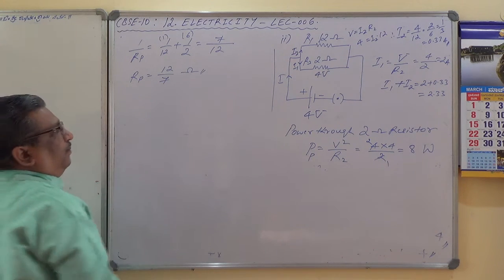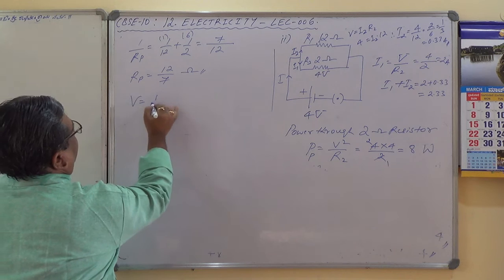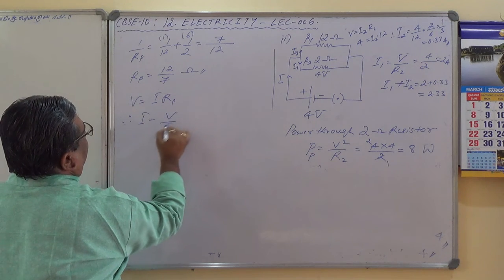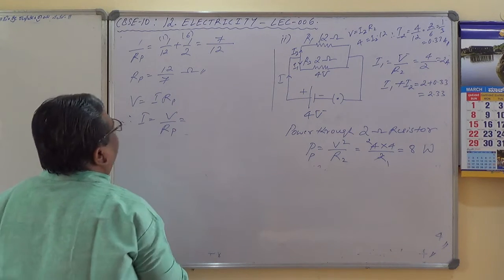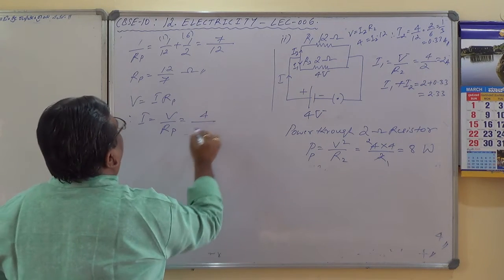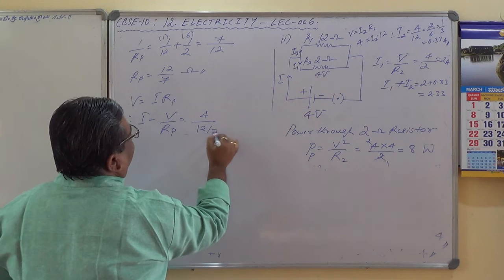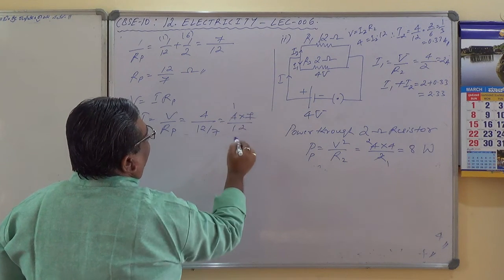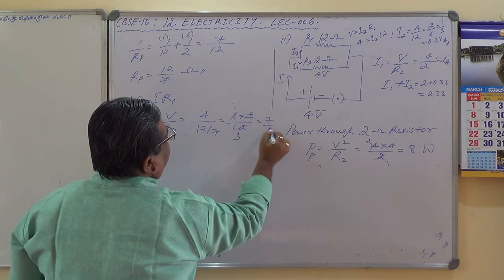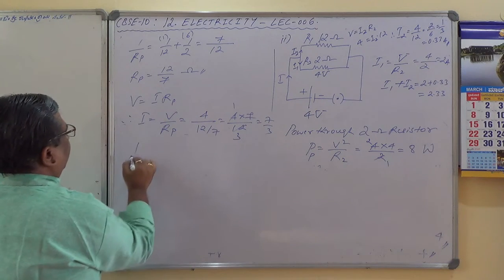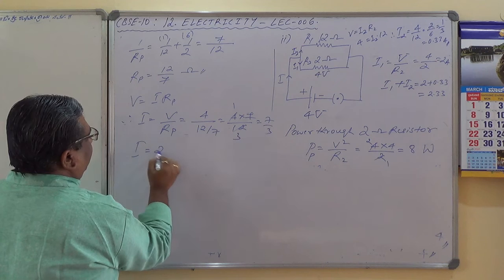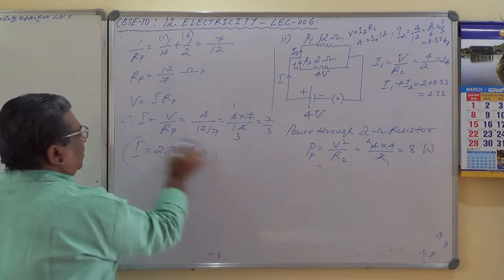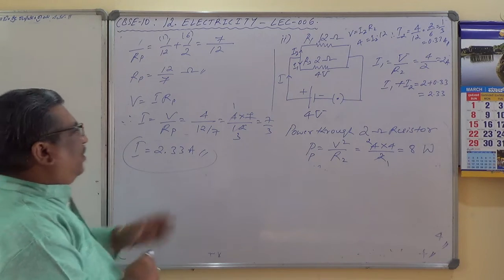So V equals I into Rp, therefore I equals V divided by Rp. V is 4 volts divided by Rp, which is 12 by 7, so 4 into 7 divided by 12, which is 7 by 3. Therefore I equals 2.33 amps. Yeah, we got it. So here also we got 2.33 amps.